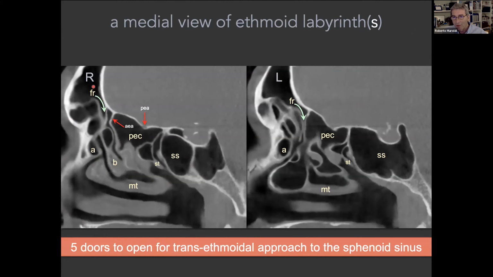You see that in the right side of the same patient and the left side, there are differences in the development of the different parts of the anterior and of the posterior ethmoid.